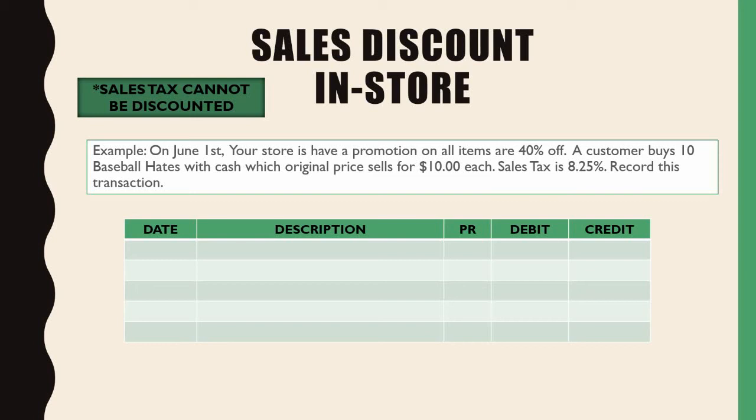You are going to record it at full price. Now, in accounting terms, in English terms, I understand exactly what you're doing, but in accounting terms, we're not going to be crediting a 40%.